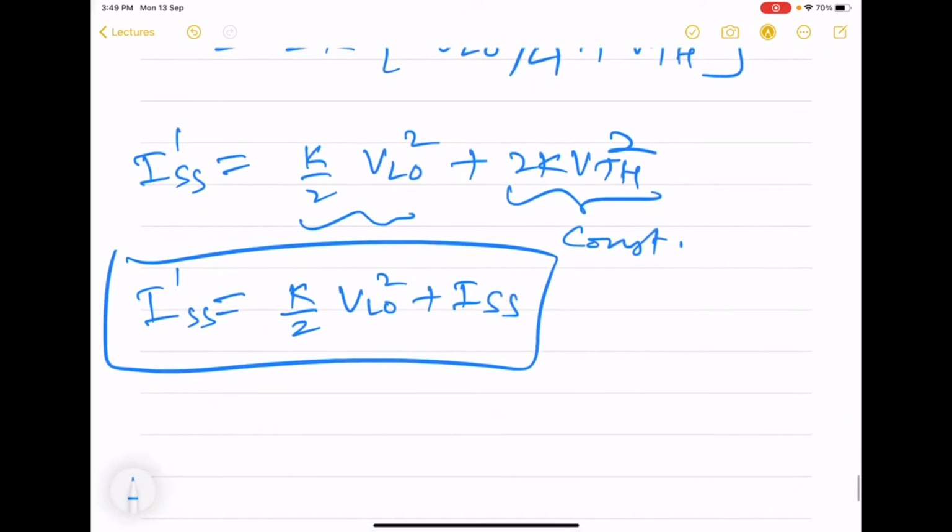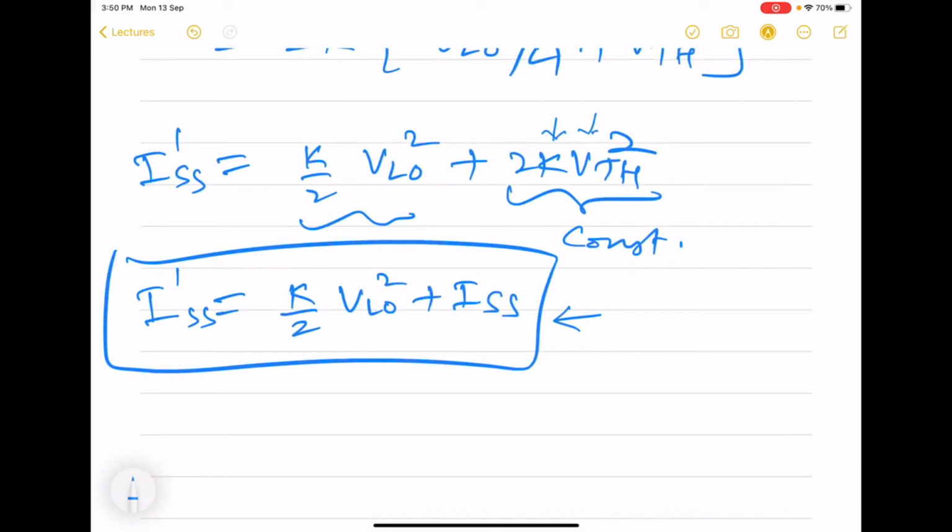So this simple modification is able to give rise to this required equation. But here we see that ISS is dependent upon this factor K and VTH, so we actually do not have much control over ISS. So if you want some different value of ISS, it will be difficult to get that from this form of the circuit.